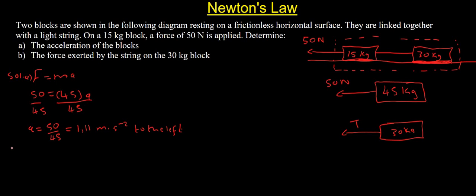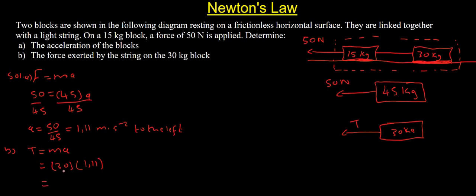So to get our tension, tension will be equal to mass multiplied by the acceleration. Our mass is 30 kg. Our acceleration is the acceleration of the whole system, which was 1,11 meters per second squared.